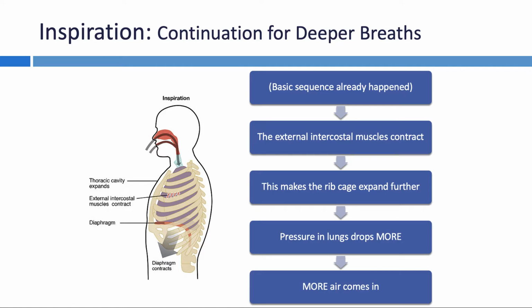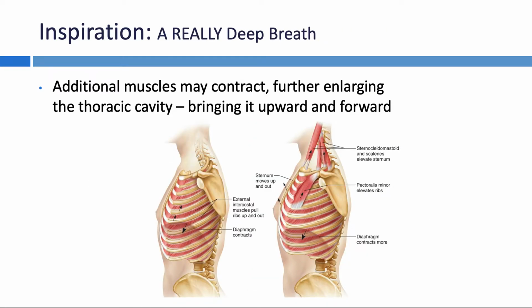If we want a deepest breath, even more air to come in, we're going to have to increase the volume even more. So in this case, we may have additional muscles contracting, muscles in our neck or in our chest to further enlarge the thoracic cavity, to bring it upward and forward even more. Because the greater the volume, the lower the pressure is going to get and the more air is going to come in.